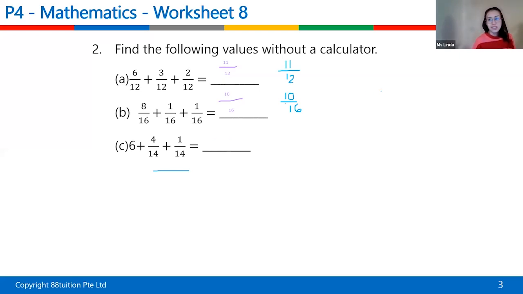What's 4 plus 1? 5. Yeah. So you got 5 over 14. You can adjust to a bigger font. Okay, 5 over 14. You have 6 whole number here, so you just need to add in your 6. You write it down.